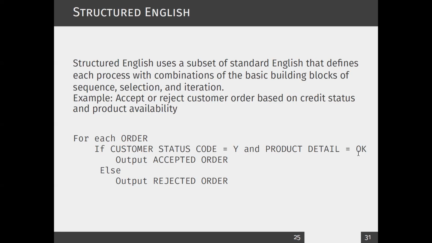That means the product is available and customer credit is good. If both conditions are met, we say, okay, accept order. Else, meaning if one of these fails, we know that we are not going to accept. So we can say, okay, reject order.